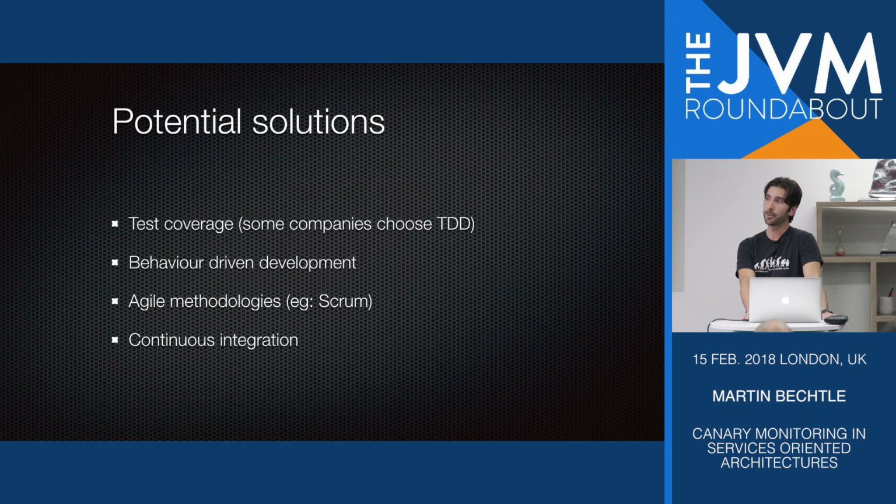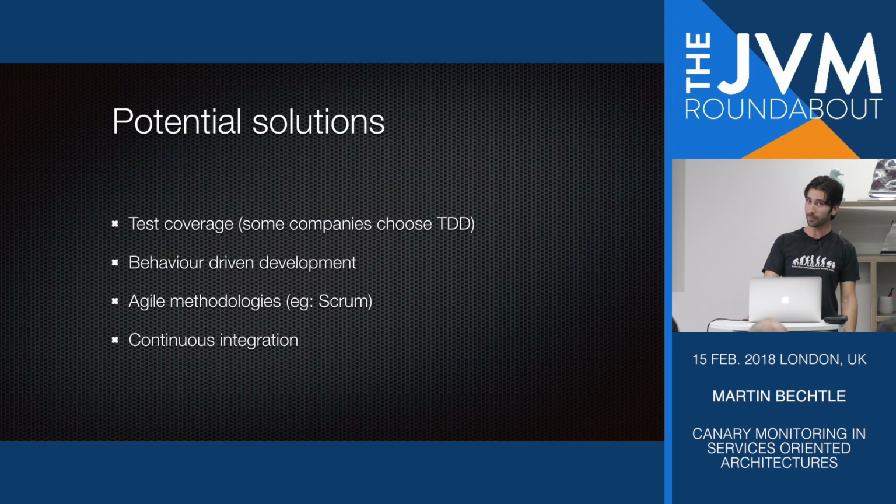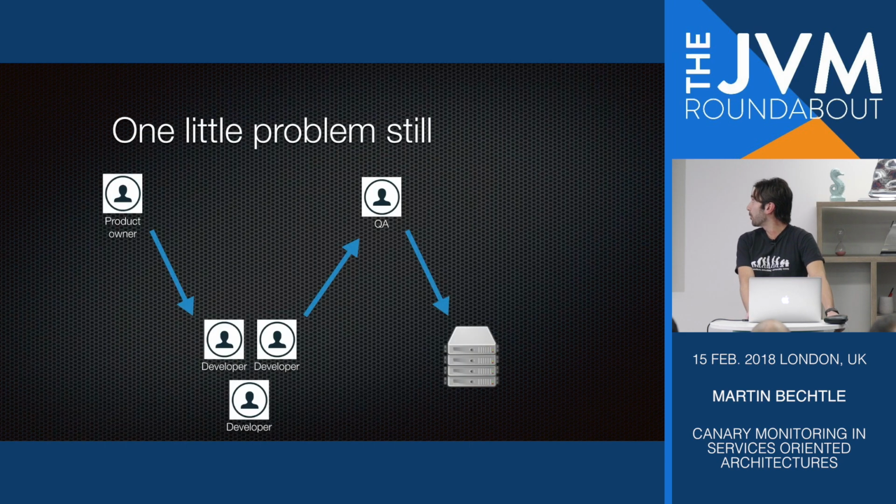We can use agile methodologies that would avoid massive headaches with going back to the product owners for questions if you do your sprint planning right and all the ceremonies. You can even do continuous integration that will make the whole pipeline to deployment much easier. If you are brave, you can do continuous deployment. Good luck with that. There's still one little problem.